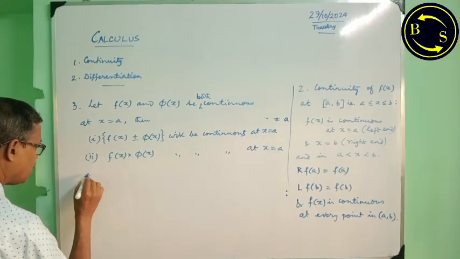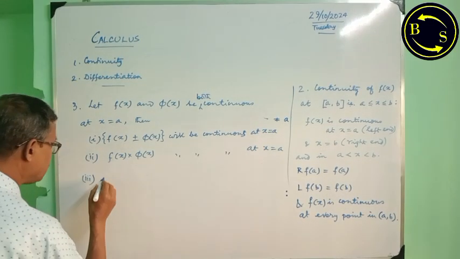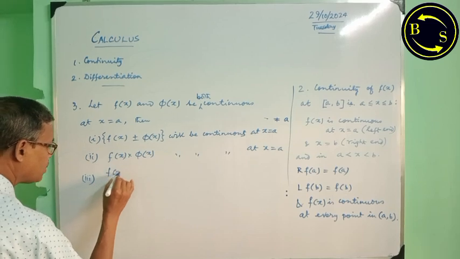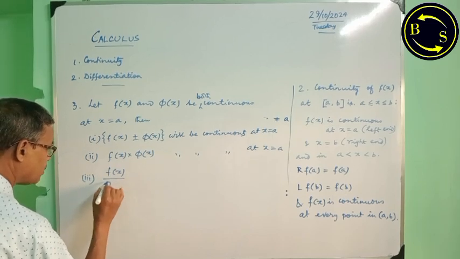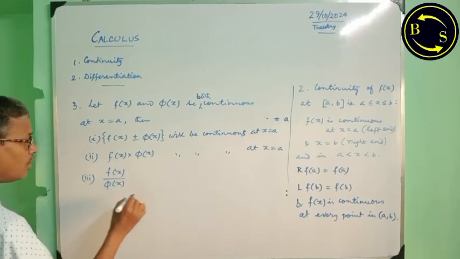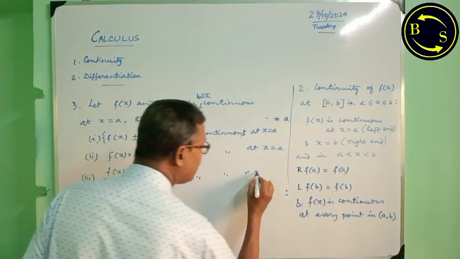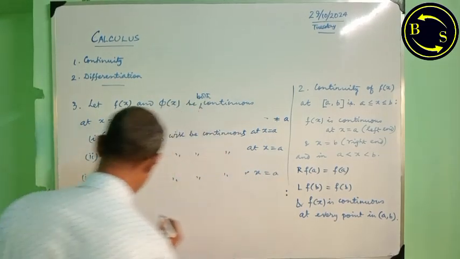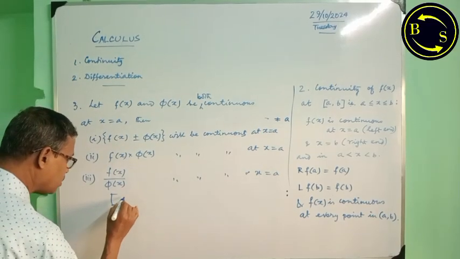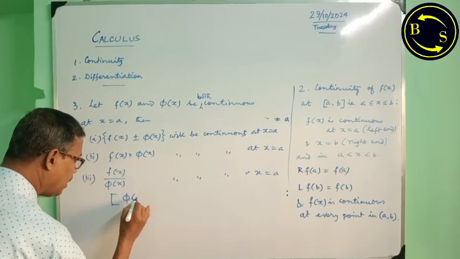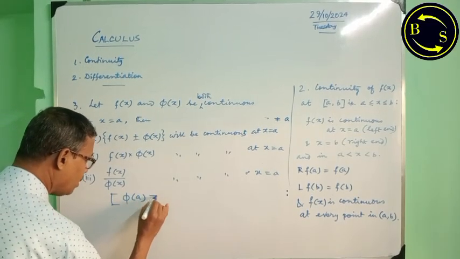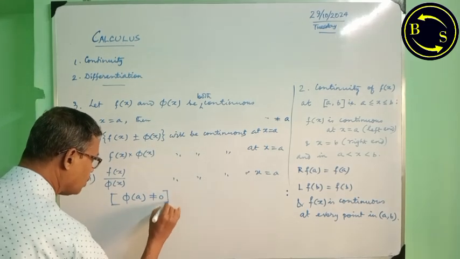Number 3, the quotient function, that is f(x) by phi(x), will also be continuous at x equal to a. One thing, in this case phi(a) not equal to 0.